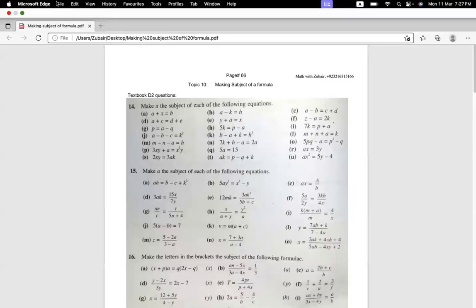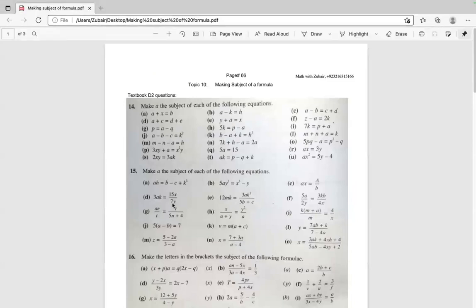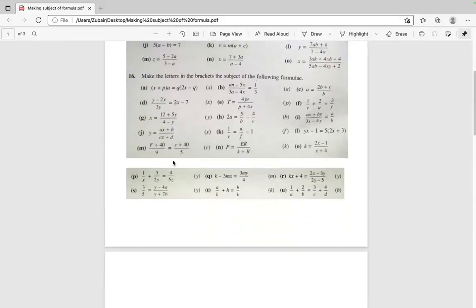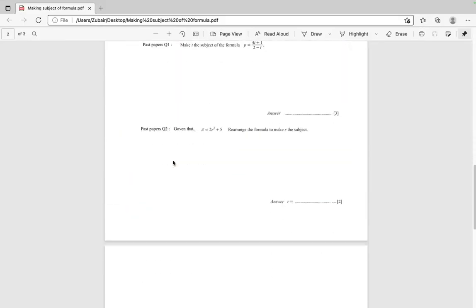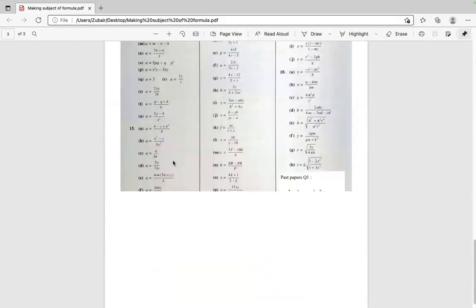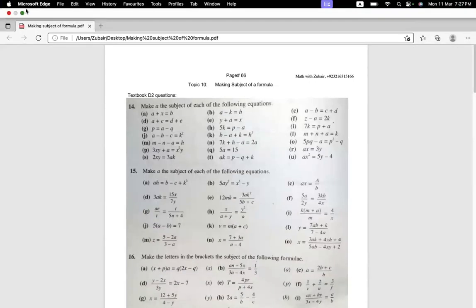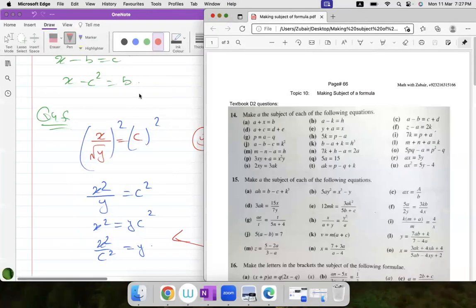Now, these are some more questions. Question number 14 is of one simple nature. All the questions are linear, but they are a little harder than the ones we are doing. Let's try them.